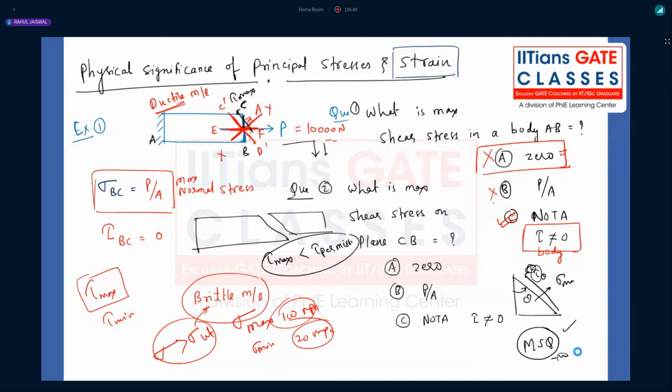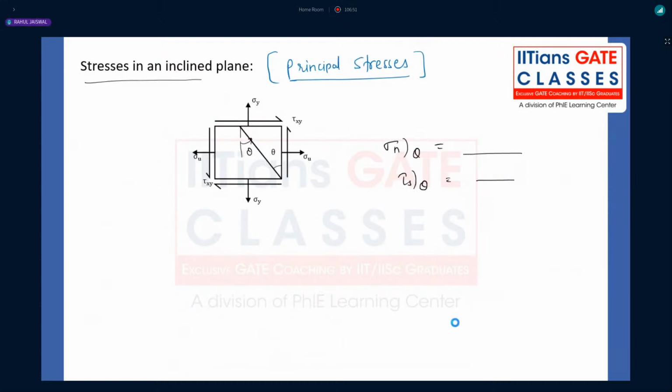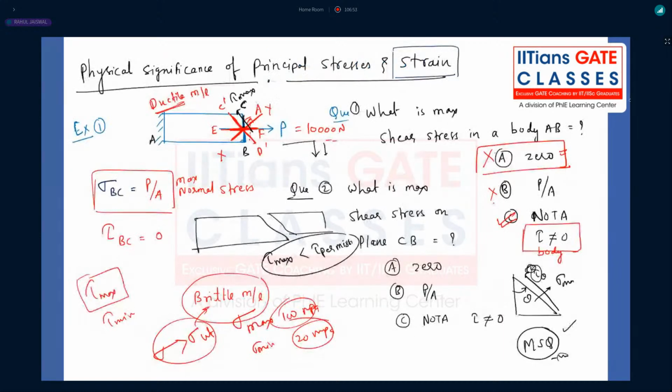Now, whether these things are clear or not, guys, tell me, so that we can start our discussion. On a BC plane, obviously that is 0. This option is correct. But for a particular body, that is not equal to 0.